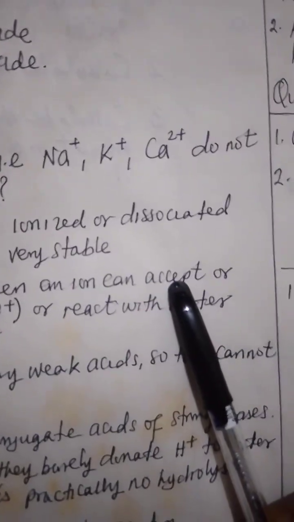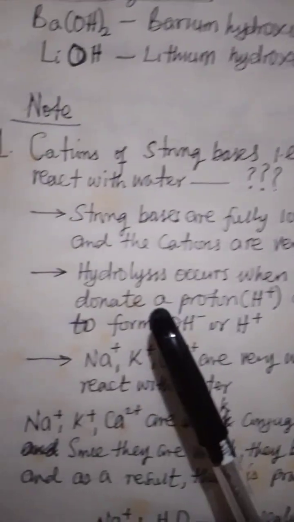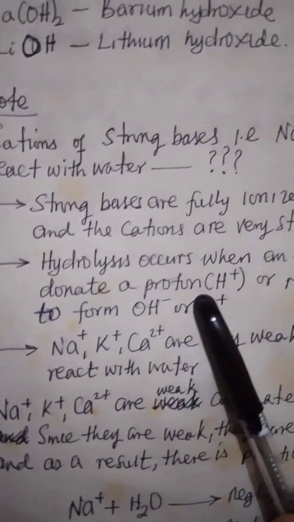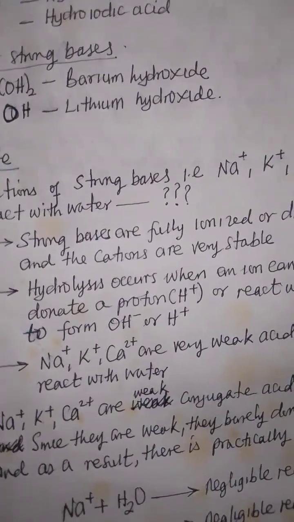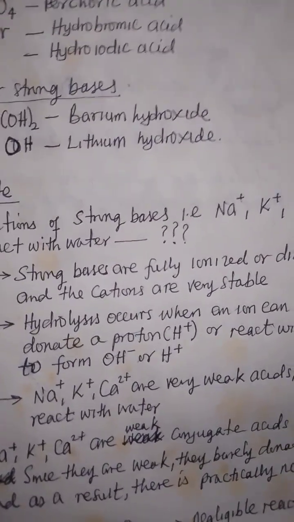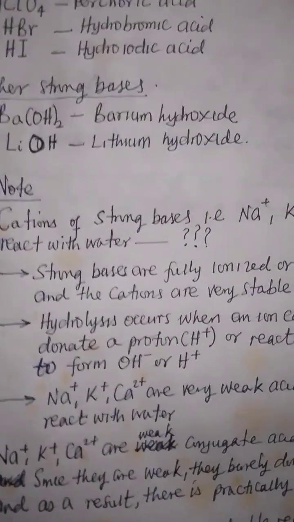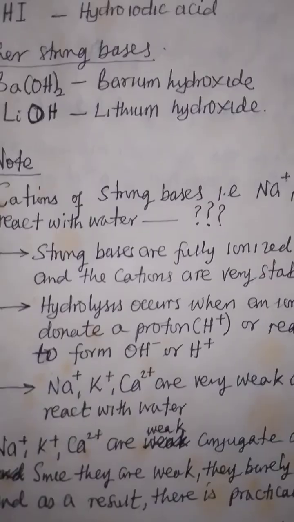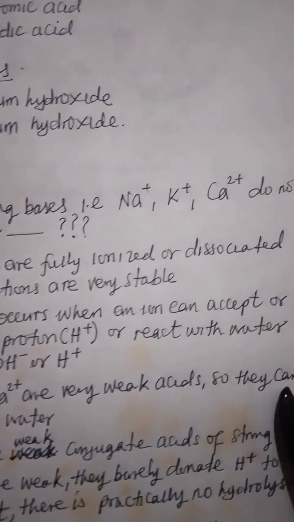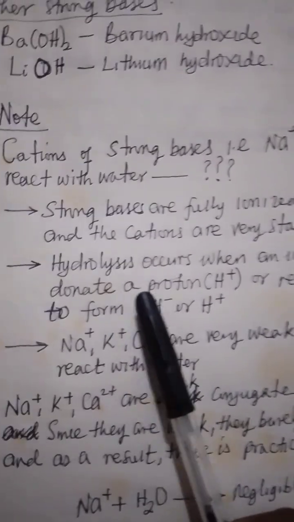Hydrolysis occurs when an ion can accept or donate a proton. Now don't forget we said that hydrolysis is tied to ions reacting with water. So if the ion can donate or accept, look at it.